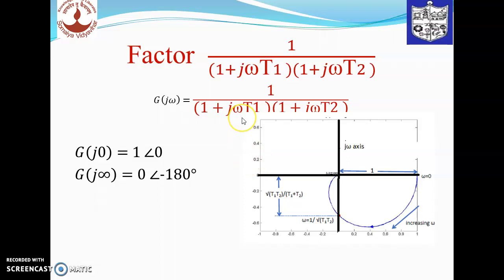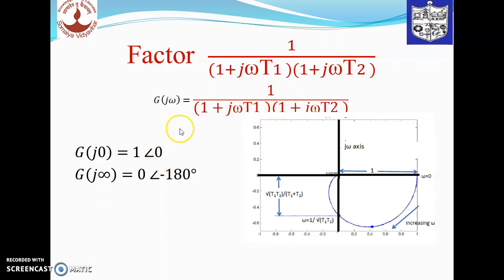Now I'll take two poles, 1 by 1 plus j omega t1 and 1 plus j omega t2. When I take the magnitude at omega equals 0, it will be 1 and the angle will be 0, since both contribute 0 angle.